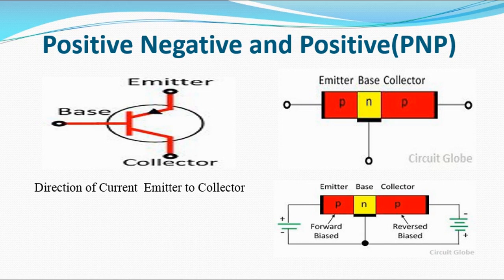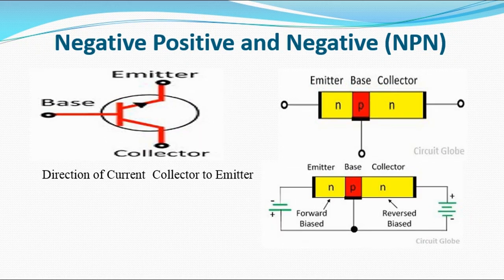Let me bring it back. The current here flows from base to emitter. That is in terms of NPN. Whereas for turning on the PNP transistor, the small current flows from emitter to base.